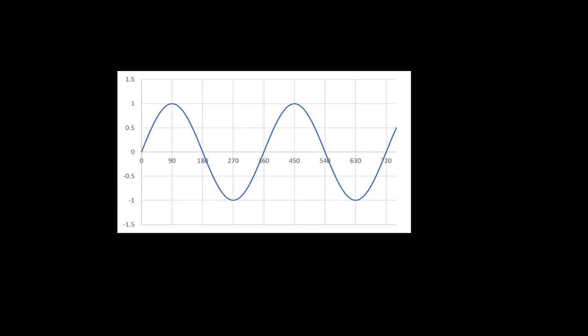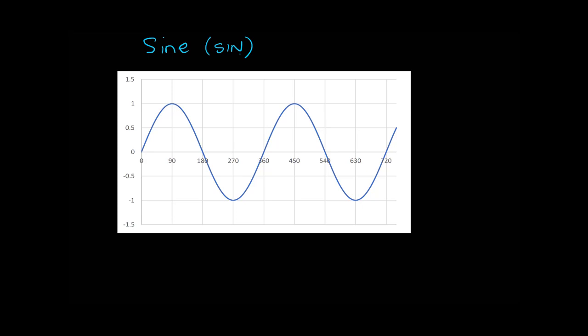So this graph is the graph for the sine function, often abbreviated to just SIN, but it's definitely said sine. What you can see is the graph of sine gives you a repeated pattern.